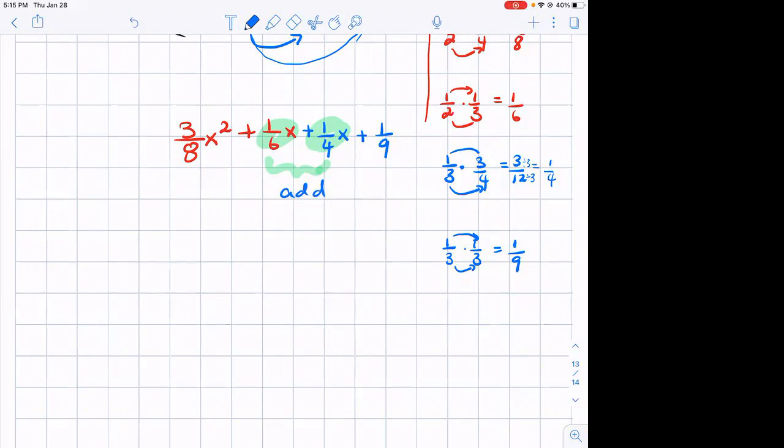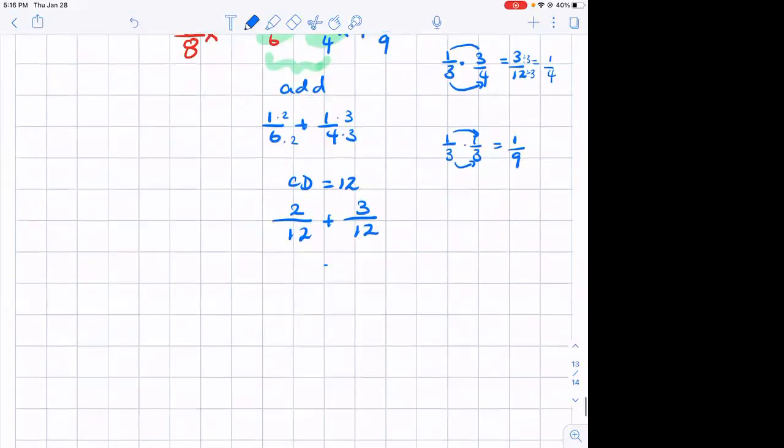So how do you add 1 over 6 plus 1 over 4? Well, you have to find a common denominator. The common denominator is 12. 6 times 2 is 12, so you multiply the top by 2, so this becomes 2. 4 times 3 is 12, so you multiply the top by 3, that becomes 3.